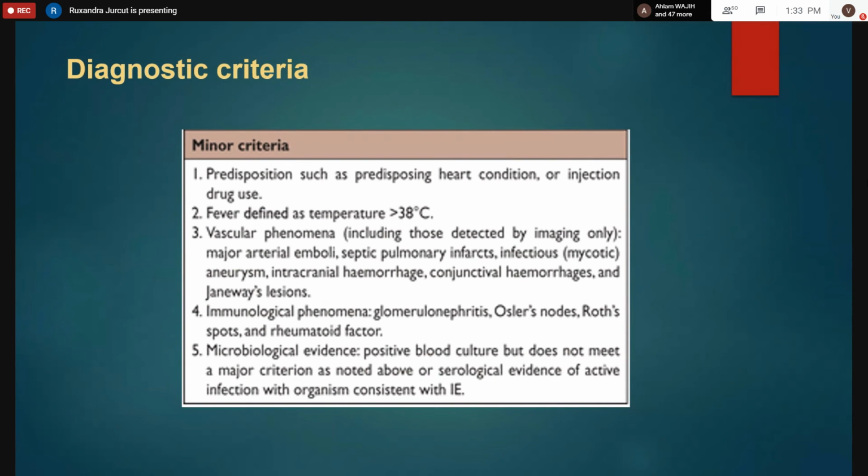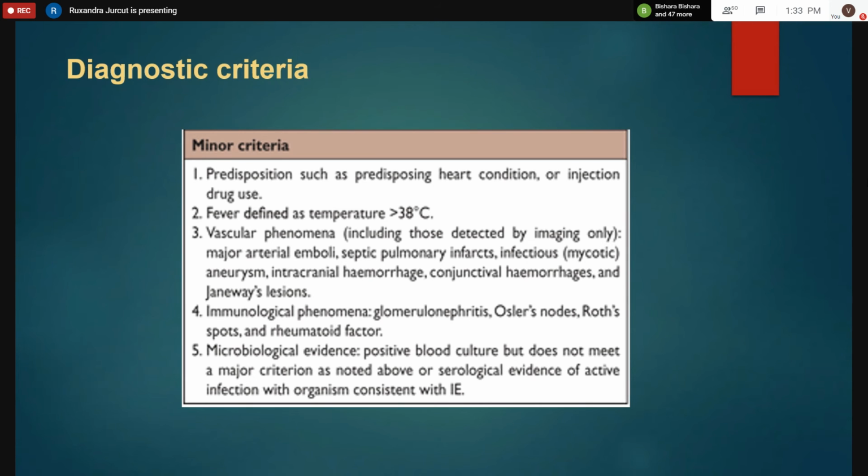If the patient has positive blood cultures, but only one maybe, or several but with atypical microorganisms, then it's a microbiological minor criterion. So any hemoculture finding which is not consistent with the major criteria.